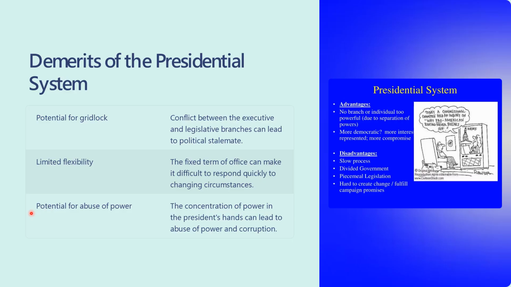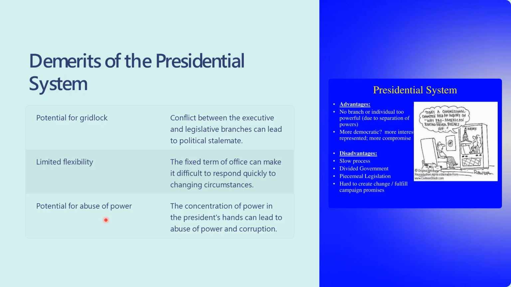And fixed term: the limited flexibility in a fixed term can limit flexibility in responding to changing circumstances. The president's term may not align with the legislative branch's term. And then potential for abuse of power.